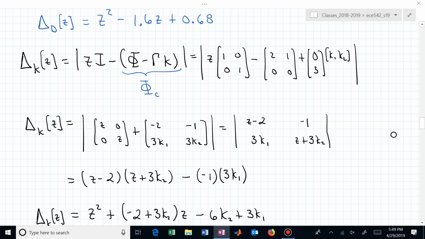We want this delta sub k of z, which contains k1 and k2 in the linear coefficient and the constant coefficient. We want to pick k1 and k2 to give us delta sub d of z.